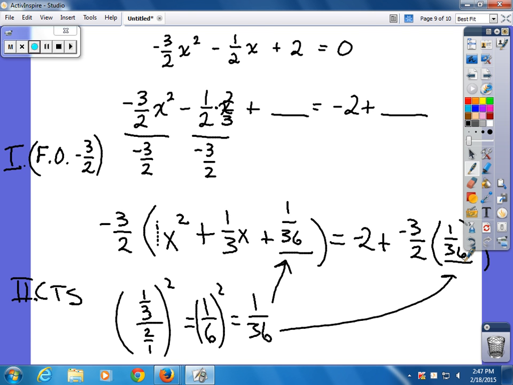The biggest problem with these problems, and these are test questions, is y'all try to do this first. You can't do that. You've got to do this first.